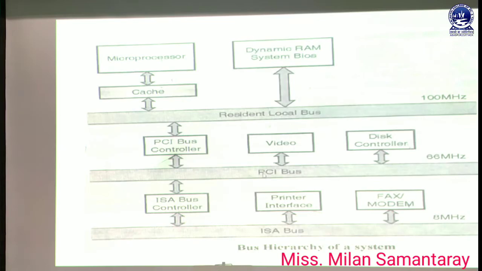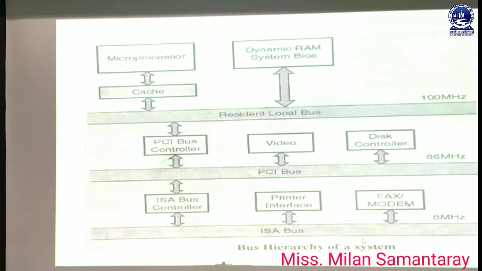are connected to this PCI bus are video components and disk controller components, and there is a PCI bus controller which transfers the data from this PCI bus to this resident local bus. And this ISA bus is here, and it operates at the frequency of 8 MHz.